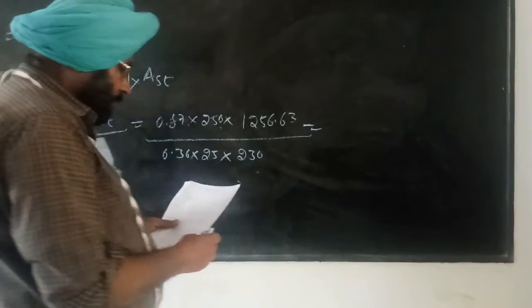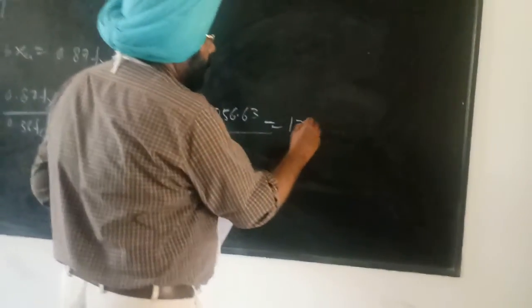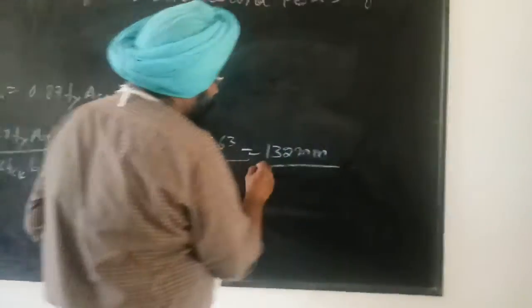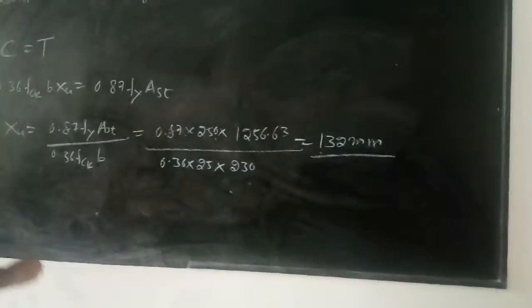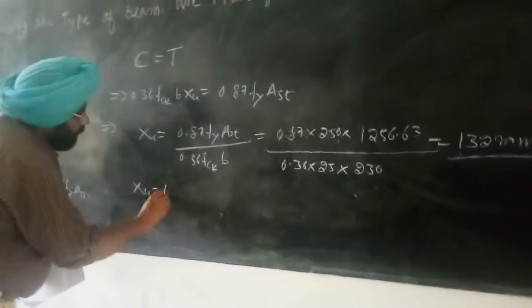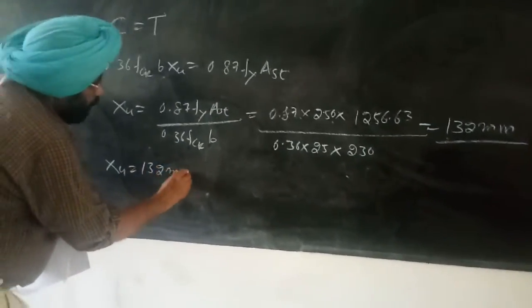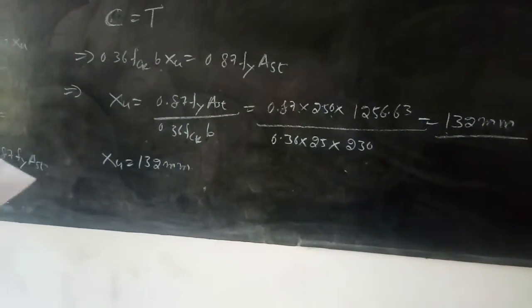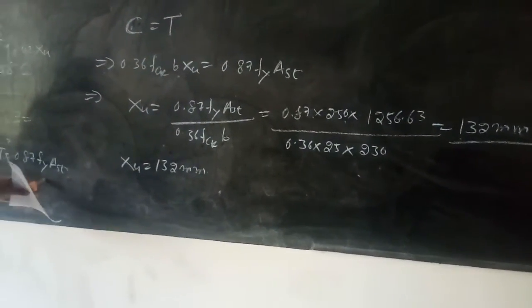So xu is equal to 132 millimeter. The depth of the neutral axis xu is 132 millimeter.